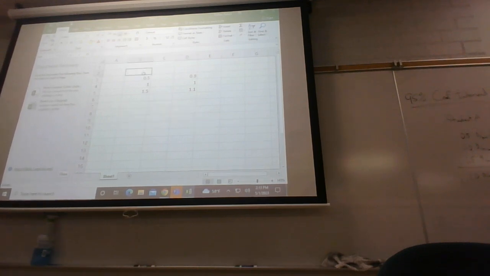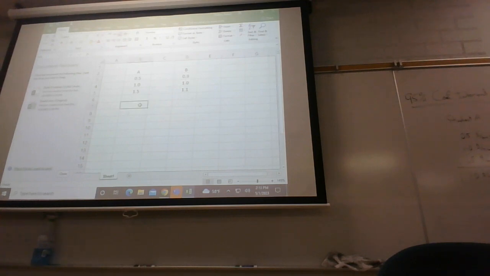So here's student A. They had 0.5, 1, 1.5. Let me get the number of decimal places right. I want 1 decimal place. Actually, let's center this too. Here's student B.